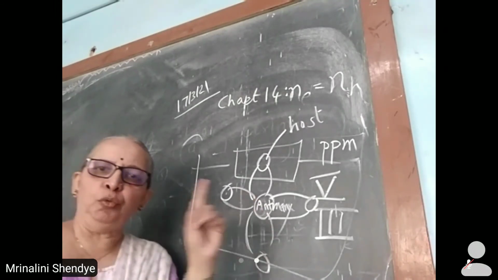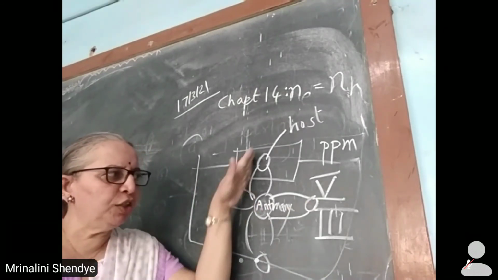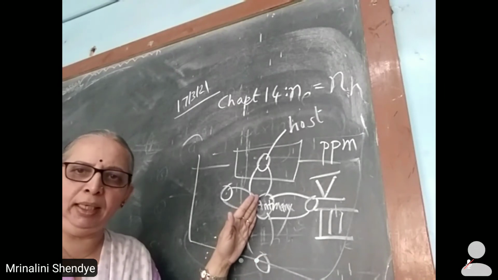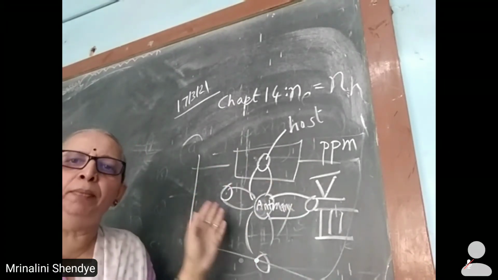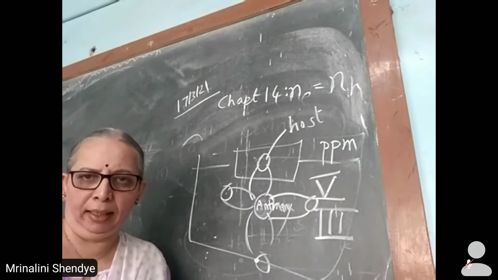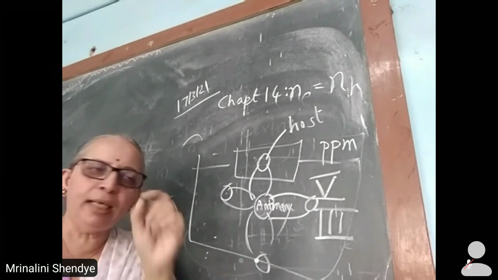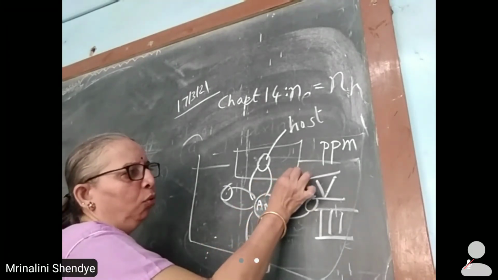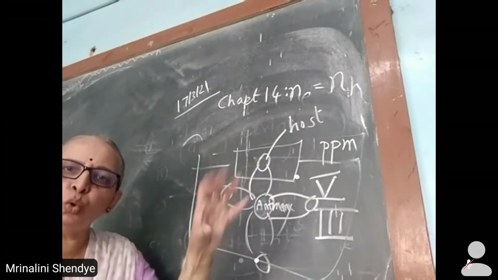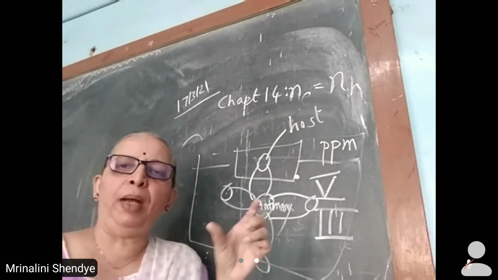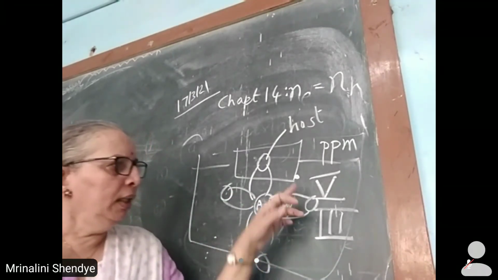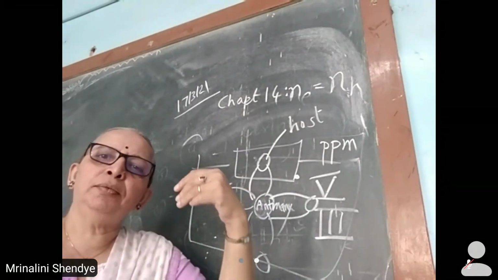It takes one from each neighboring silicon atom and gives one to each. Still, one electron remains unbound and it gets loosely bound with this antimony or fifth group element atom. This electron is free.